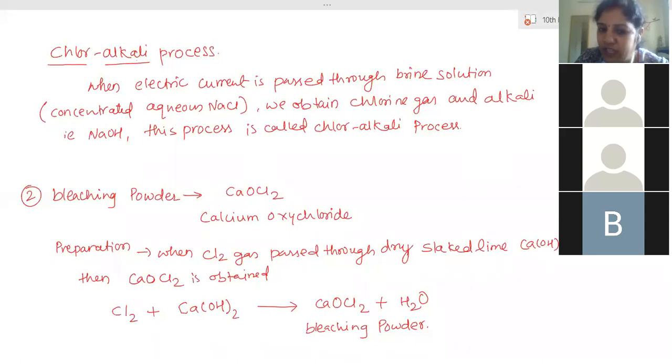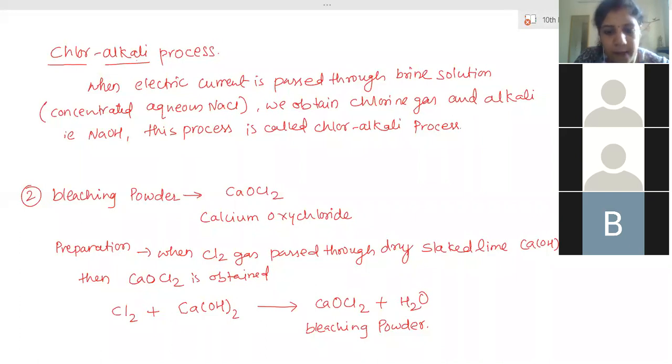When calcium oxychloride, bleaching powder, dissolves in water, chlorine gas is separated, and along with that, oxygen gas is also separated. So it is a good source of oxygen and can be used for oxidizing other substances. Therefore, it works as a strong oxidizing agent.